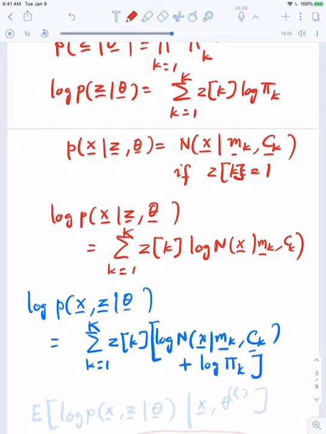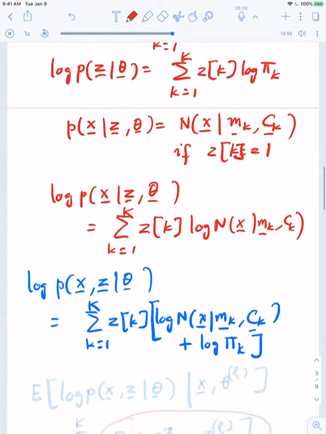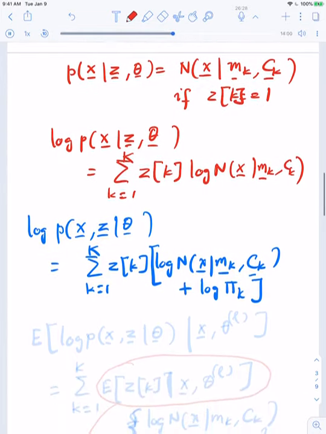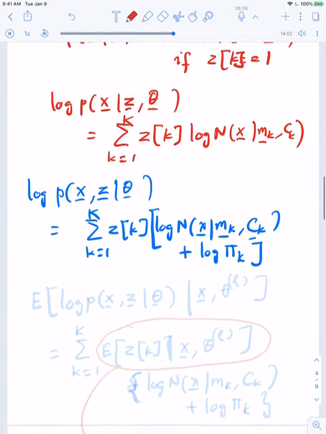So basically it's a linear function of the one hot probabilities, right? So again, I'm going to do it one example at a time.